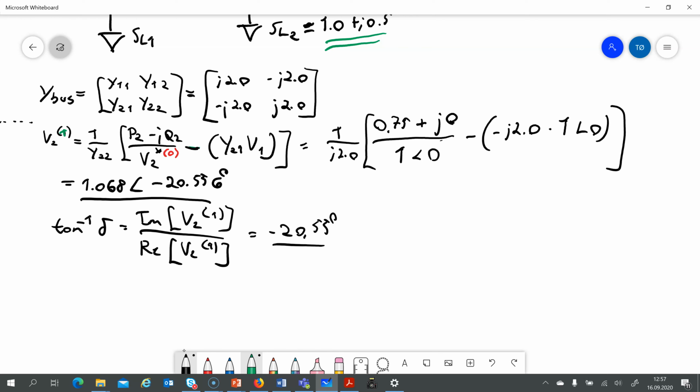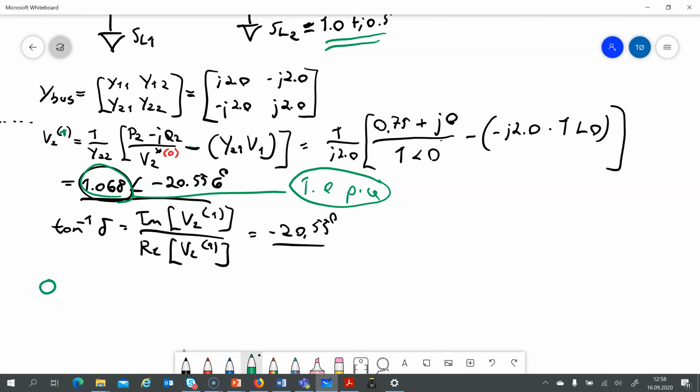What we actually do now is that we take this value here and force it to 1.0 per unit, and we calculate again. Because the first calculation is based on this flat start, we don't know, but now we have a new angle value that we can use further.